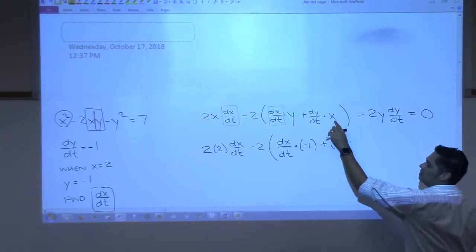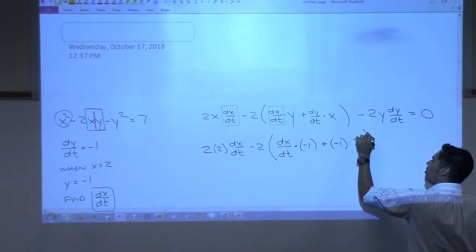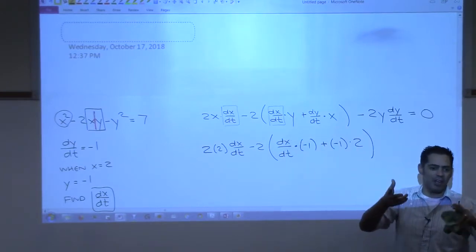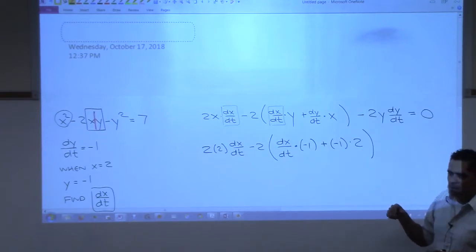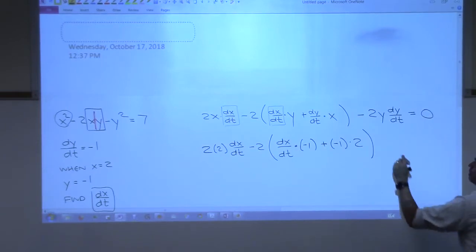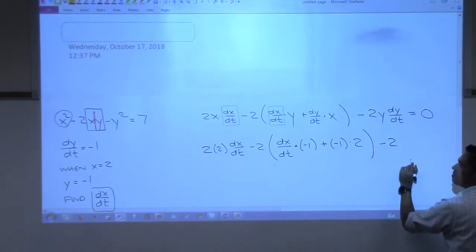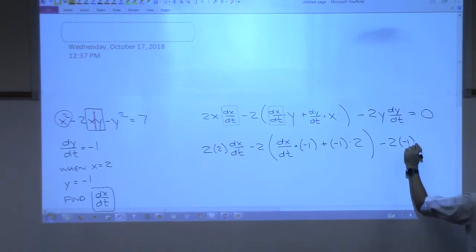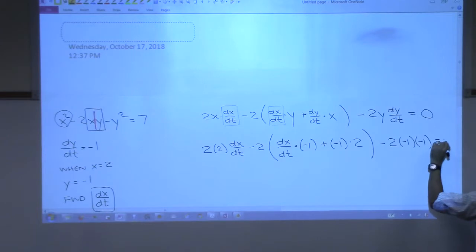Times x, which is just 2. That's all in my parentheses, right? That was all sitting in here. So we're plugging and chugging. That's a common thing in math that teachers will say, oh, we're doing plug and chug now. We're just taking numbers, plugging them in, chugging out the answer. Keep going. Minus 2 times y, -1, times dy dt, which was -1 again, right? Equals 0.